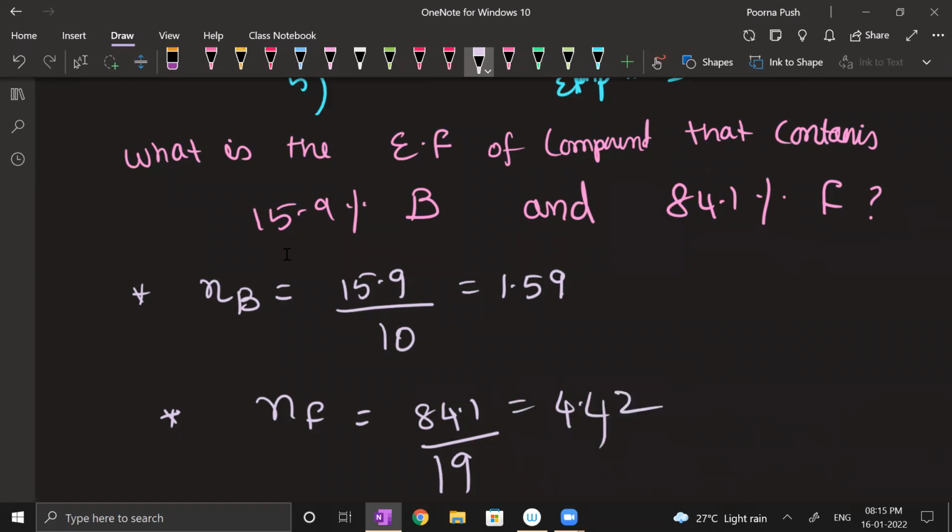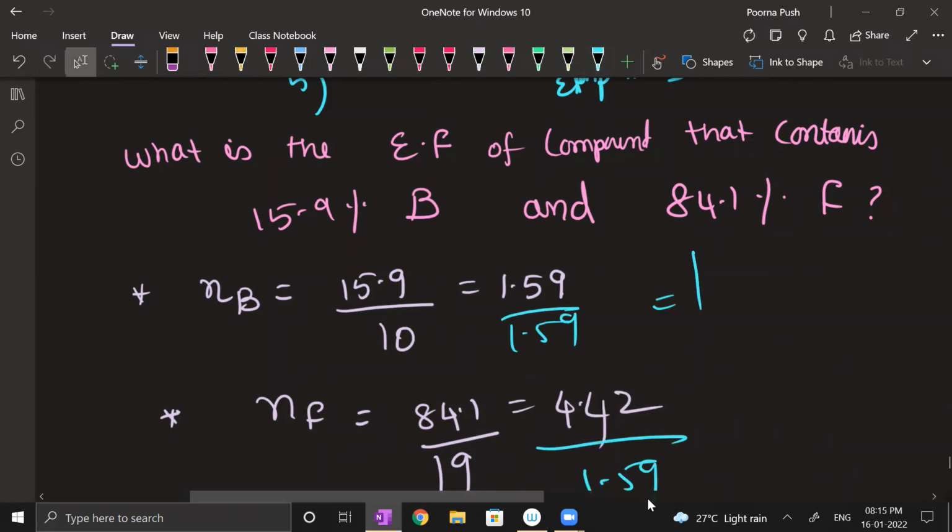Which is the least number of moles? Divide by that.